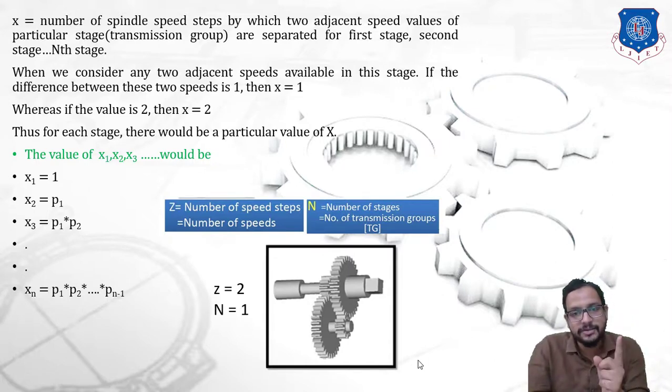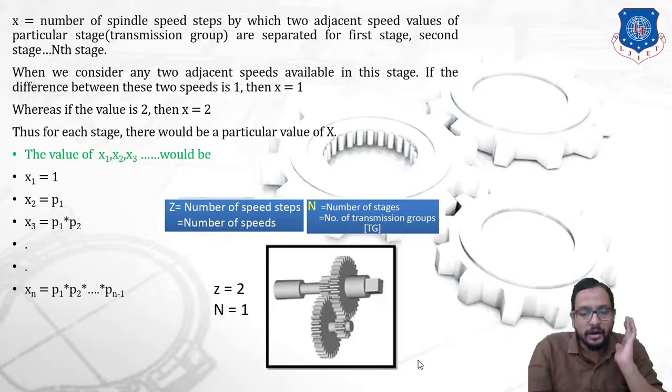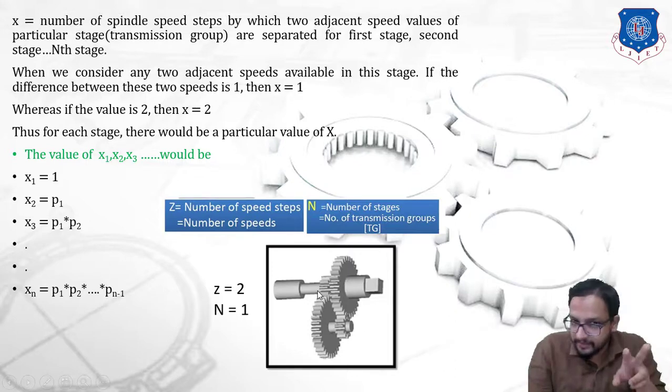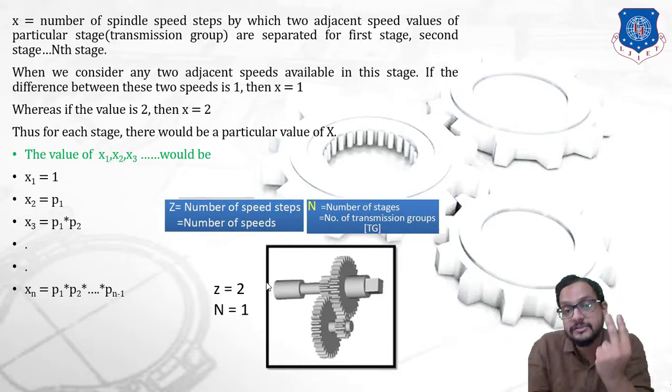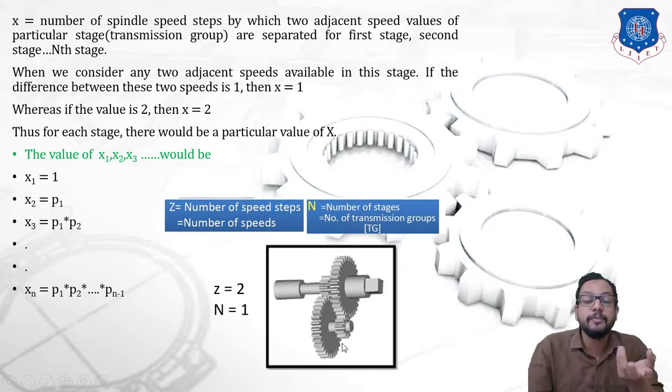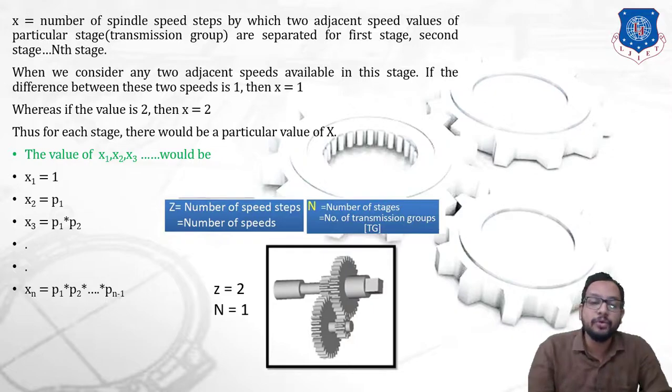Power is transmitted from input shaft to output shaft. Now the next question is how many speeds are available. You would say that there are two gears on each shaft, which means the speed transmitted would be two different speeds between these two shafts. So Z will be equal to 2 and N will be equal to 1.